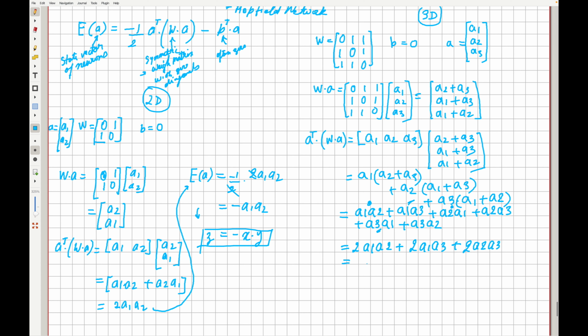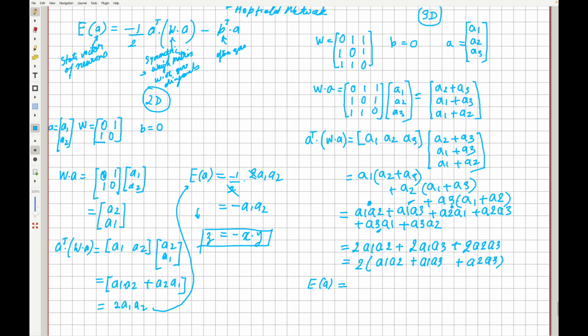Then we can take the 2 as common, and in the parentheses we have A1 A2 plus A1 A3 plus A2 A3.